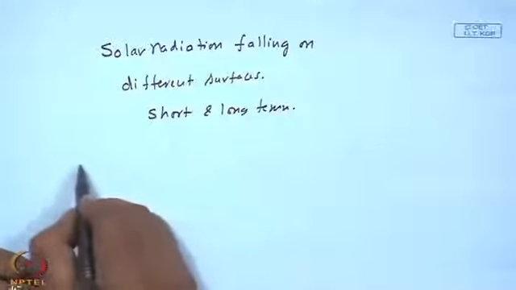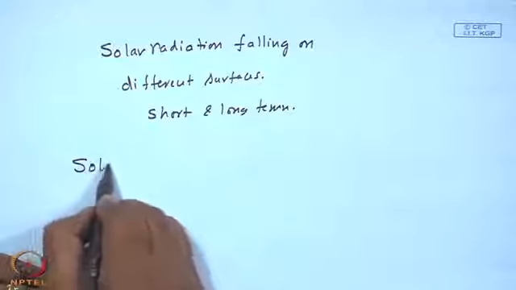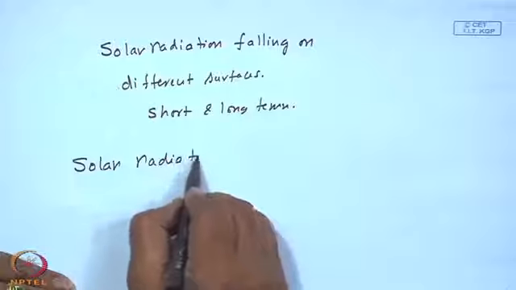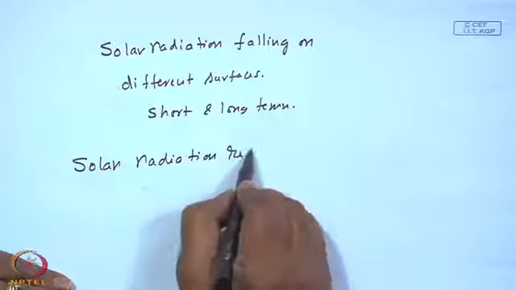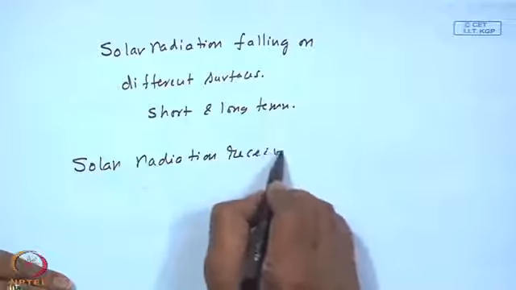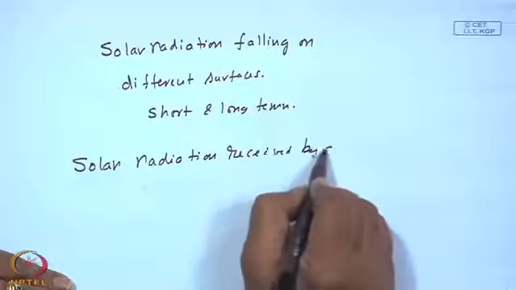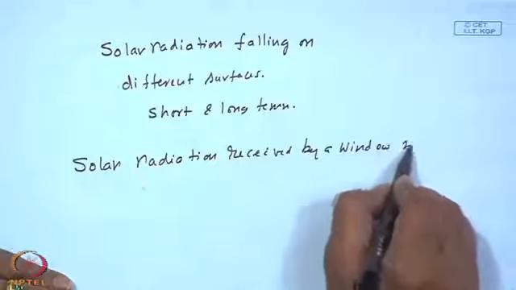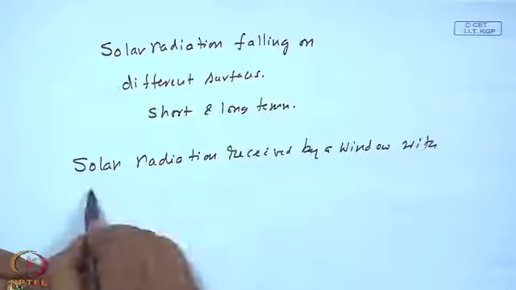Now, the question is, what is the solar radiation received by, say, a window with an overhang?